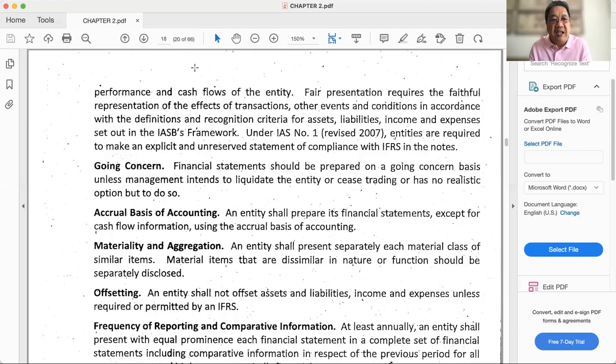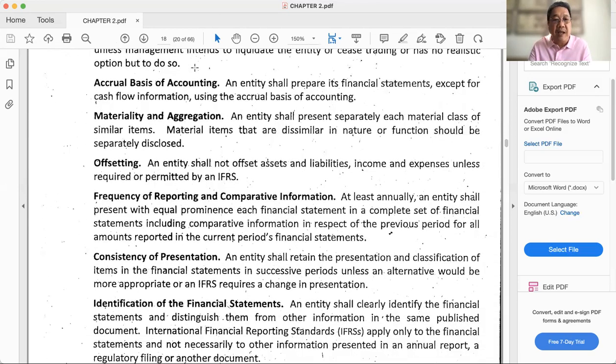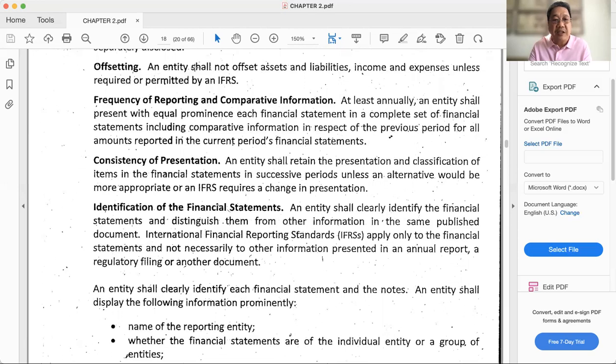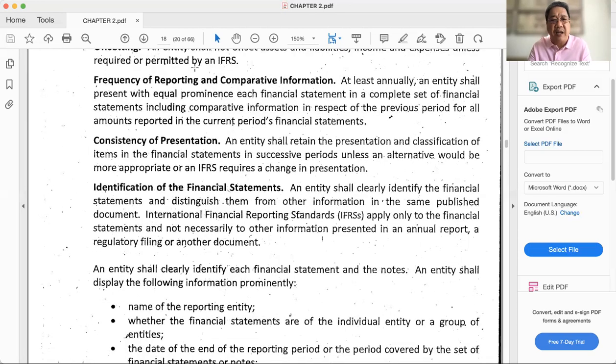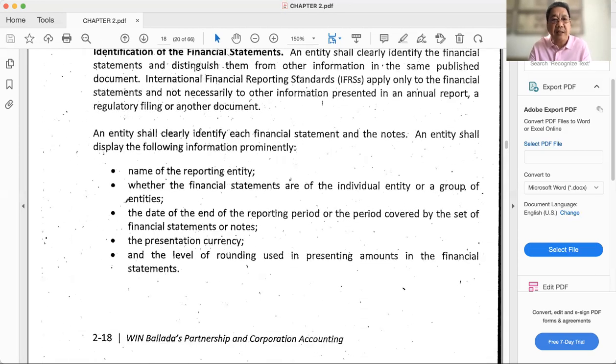And materiality of the items, each item should be presented separately, lalo-lalo na yung malalaking amount. Cash, syempre hiwalay yun sa accounts receivables. Although yung accounts receivables ay magiging cash. Okay? And all the others as required by the IFRS. Okay.